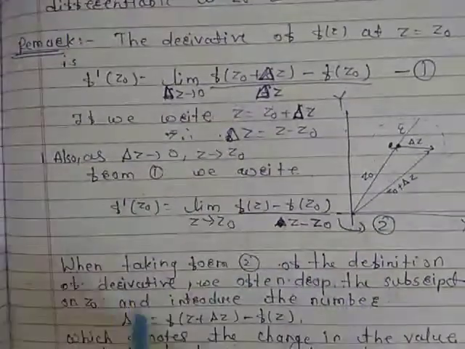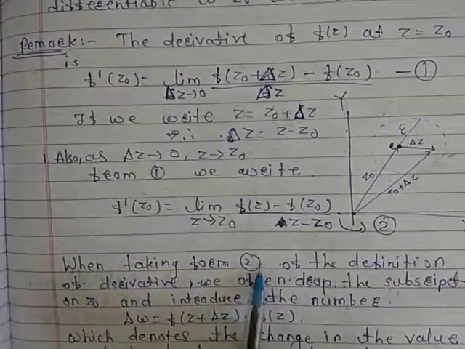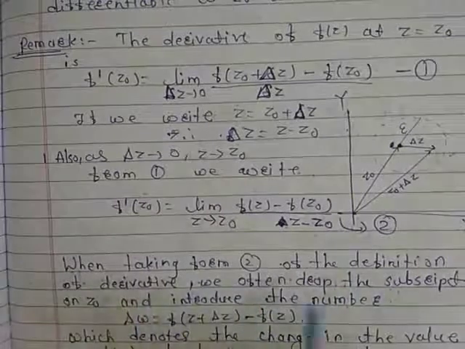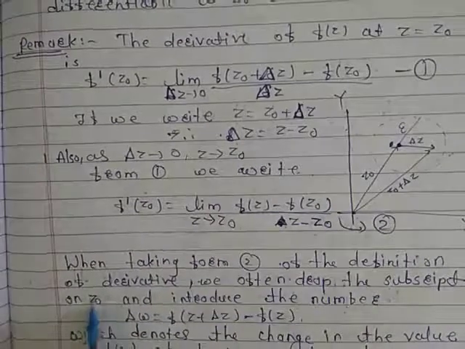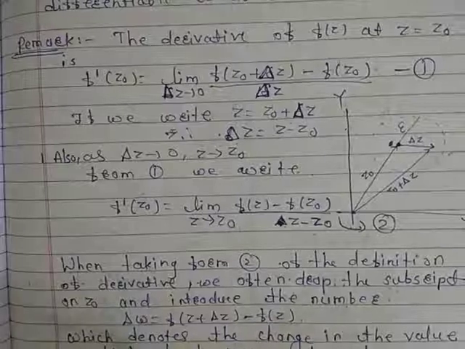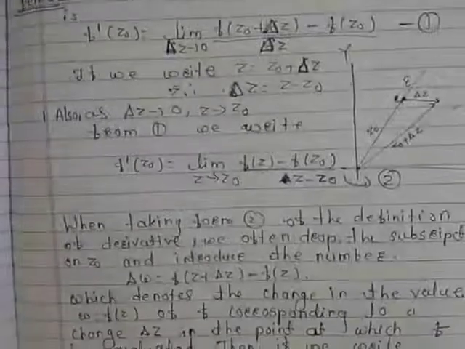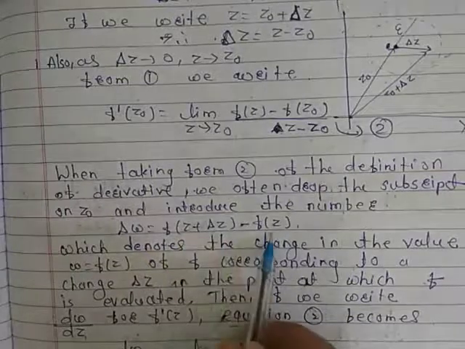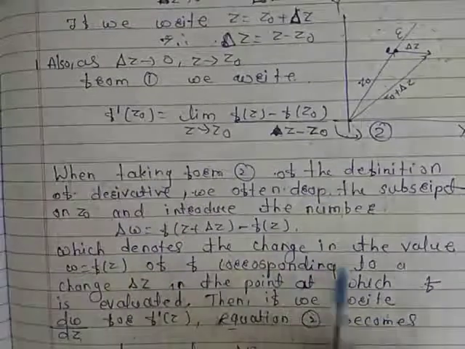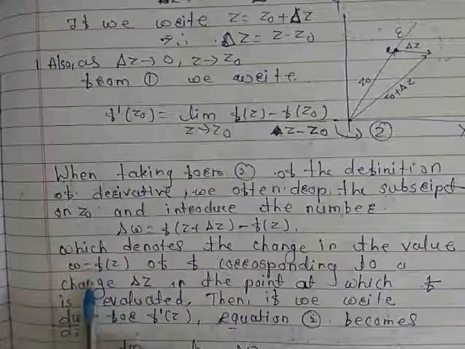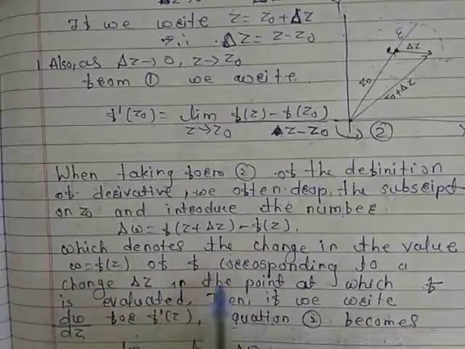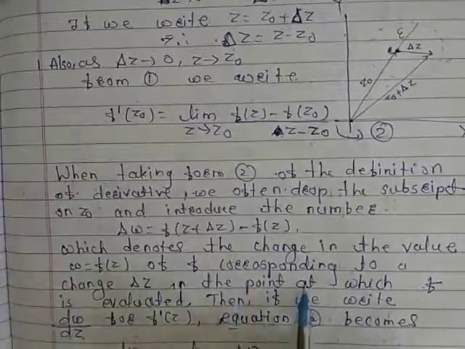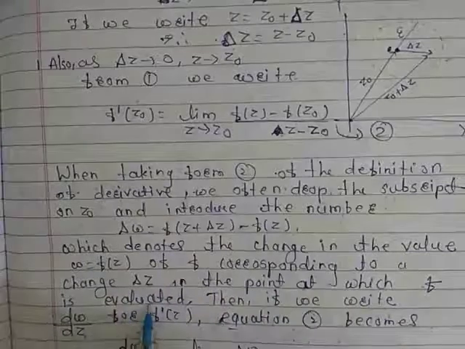Okay. When taking form 2 of the definition of derivative, we often drop the subscripts on z0 and introduce the number delta omega is equal to f of z plus delta z minus f of z, which denotes the change in the value omega equals f of z corresponding to change delta z in the point at which f is evaluated.